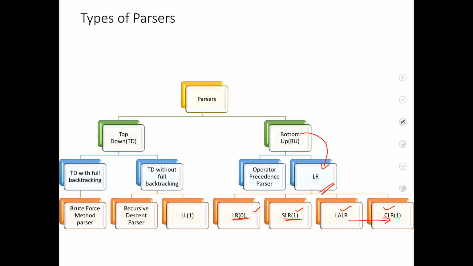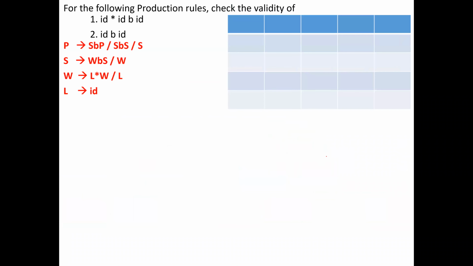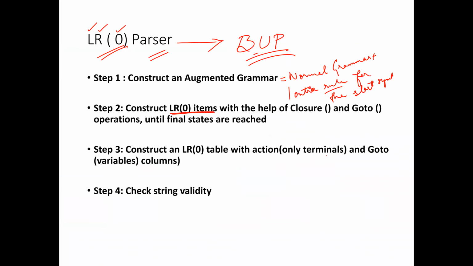So for each of these, you will have to construct items. The logic for constructing items is the same for all the LR parsers, except for small differences, which we will see later. So be it LR0, SLR, LALR, CLR, or whatever, the initial logic will be exactly the same.